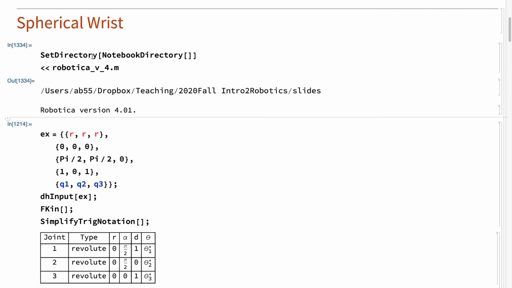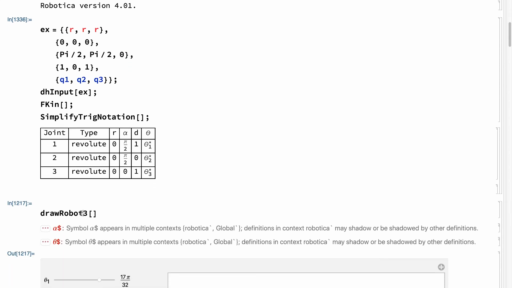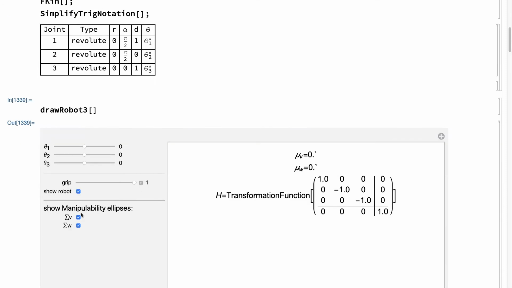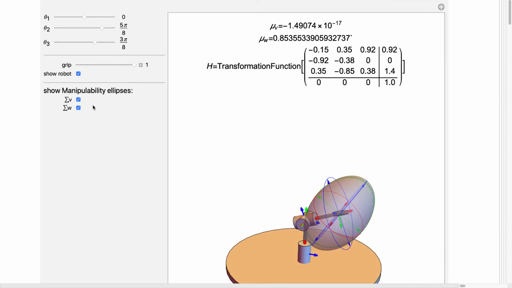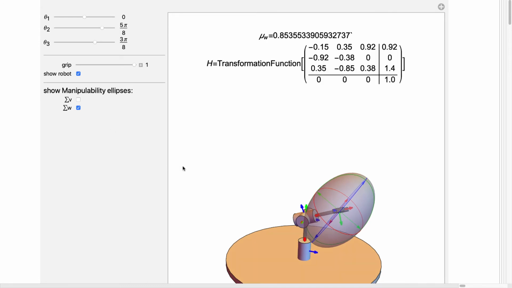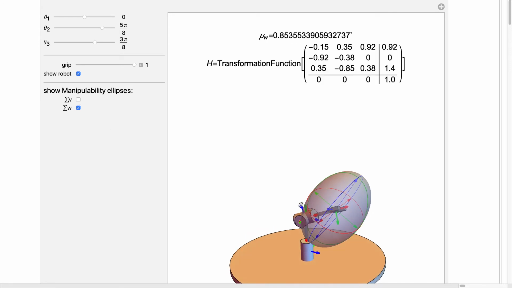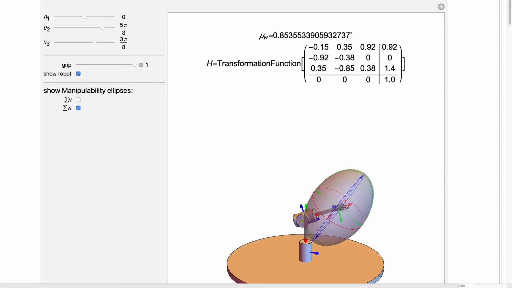So let's animate that. Here's our spherical wrist. I'm going to build that out, and let's draw that robot. So here's my spherical wrist, and I'm just going to show not the velocity, but the angular velocity, because I only care about this J22. This is called the manipulability of the matrix, and we can see that it's 3D here.